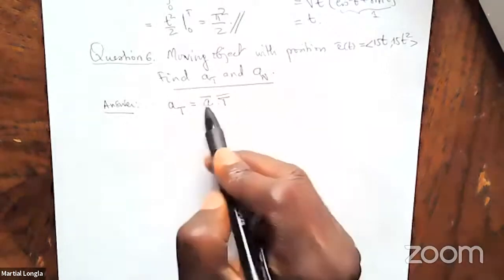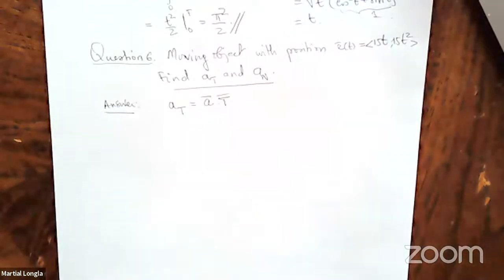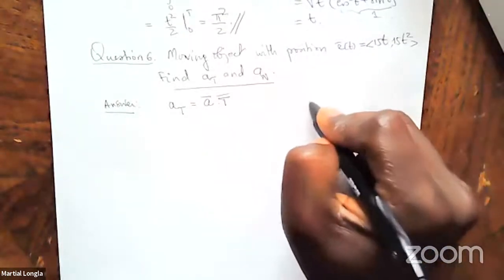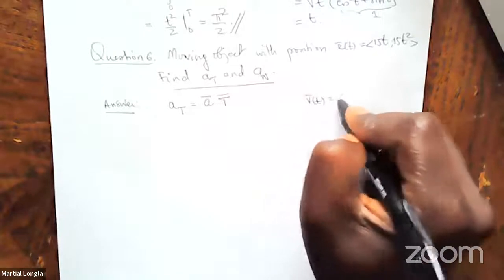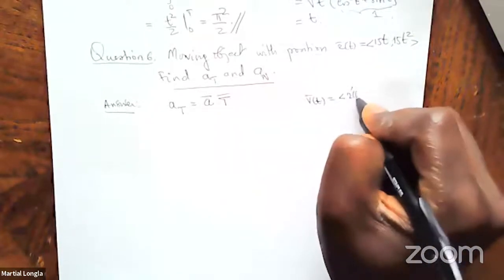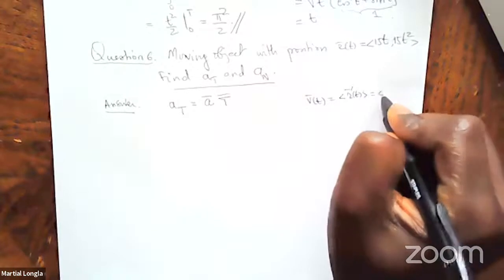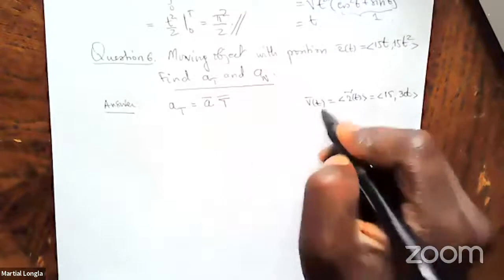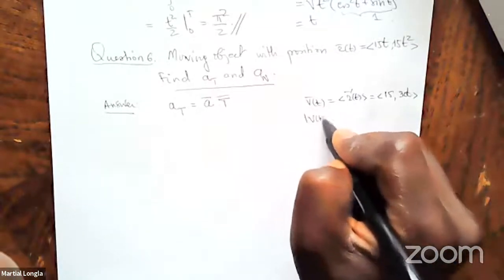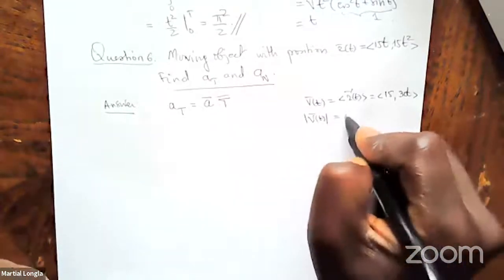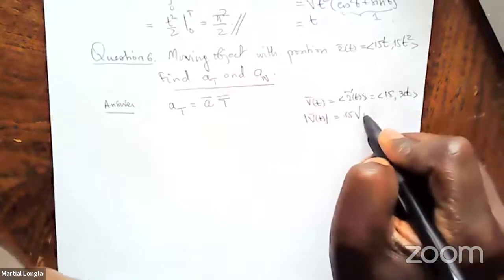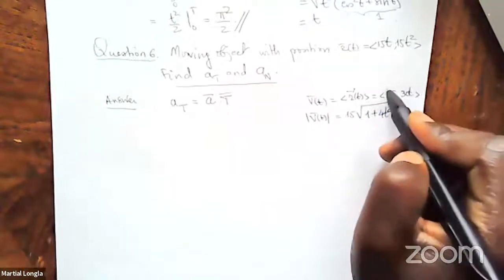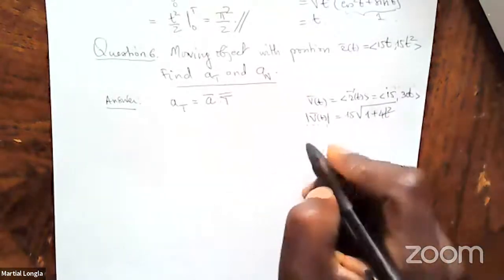And so to get that, you need to find a and you need to find T. So here you got v of t equals r prime of t, and that is 15, 30t. Magnitude of v of t is 15 square root of 1 plus 4t squared, which is square root of this squared plus that squared.